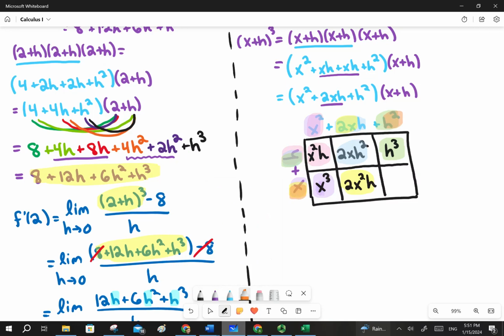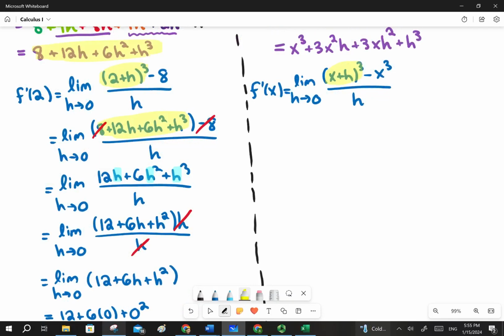And x times h squared is xh squared. Combining like terms, we get x cubed plus 3x squared h plus 3xh squared plus h cubed.